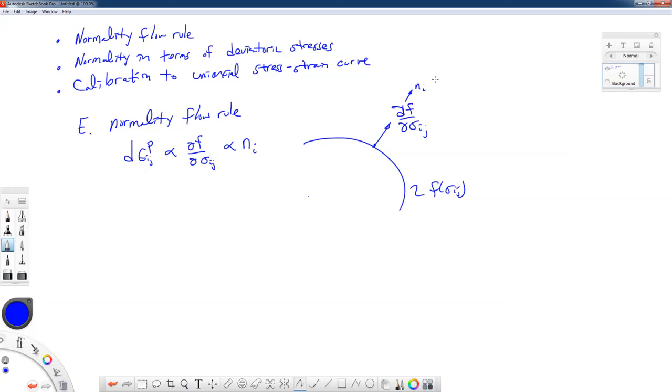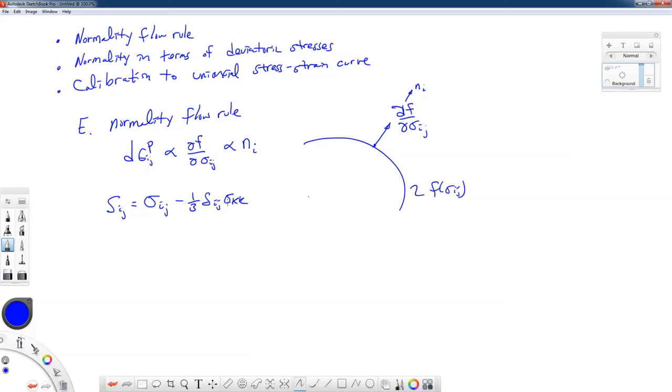But what I wanted to do at this point was show that if we cast our yield function in terms of deviatoric stresses, the partial of f with respect to the deviatoric stresses is also in the same direction as partial of f with respect to sigma ij. Just as a reminder, deviatoric stresses can be expressed in terms of regular stresses as sigma ij minus 1/3 Kronecker delta ij sigma kk, where we're using our index notation.